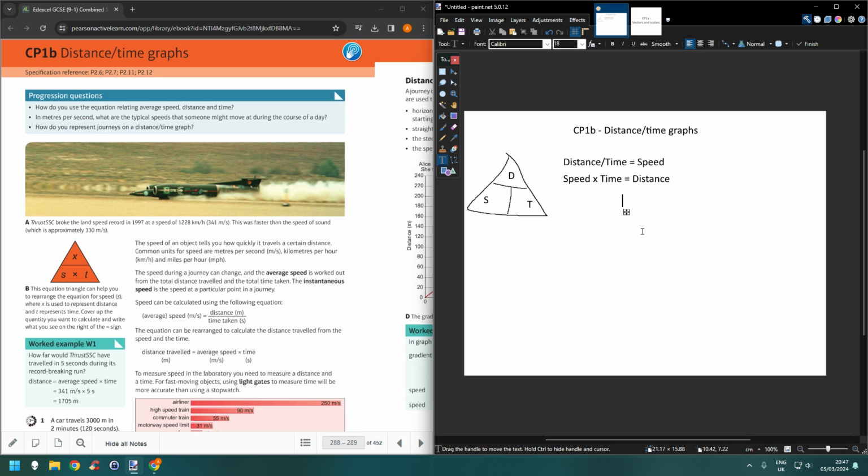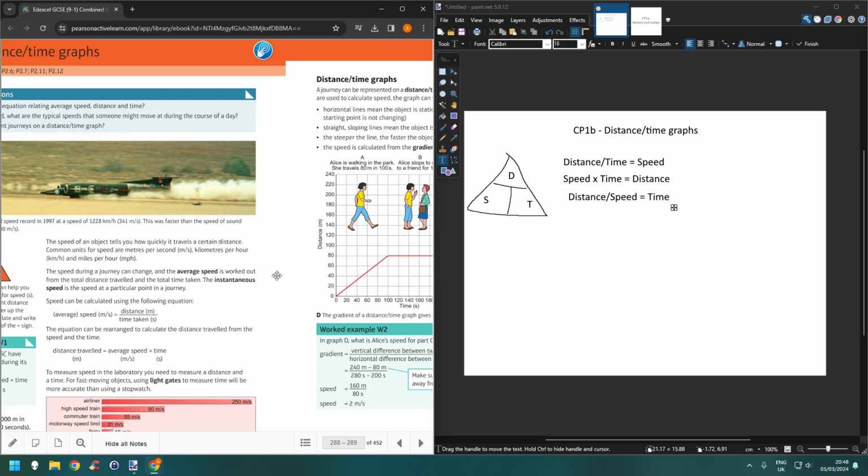And beneath that, we can write, what do we need to do? Time. Okay, so distance divided by speed equals time. Ta-da! Now we've got all our equations from this one simple triangle.